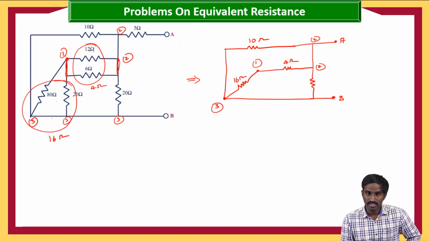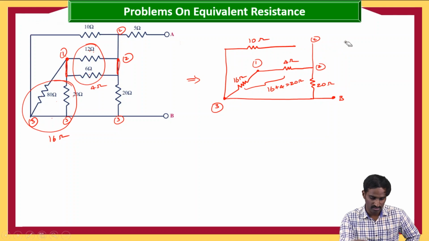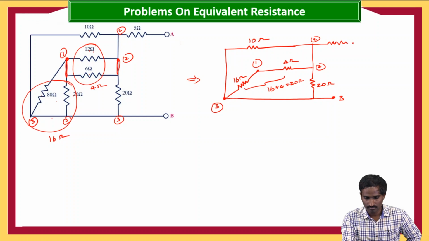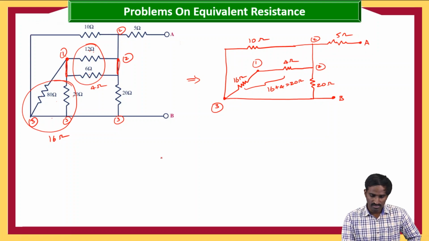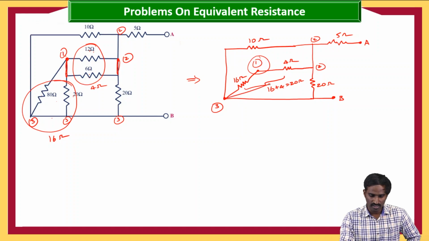Now as you can see, these 16 ohms and these 4 ohms are in series, so 16 plus 4 is equal to 20, and here it is again 20, and in between there is another resistor which is 5 ohms. Here it is 5 ohms and here it is the point A. Here the node 1 we are eliminating, so the equivalent resistor must be connected in between these 1 and 2 nodes.